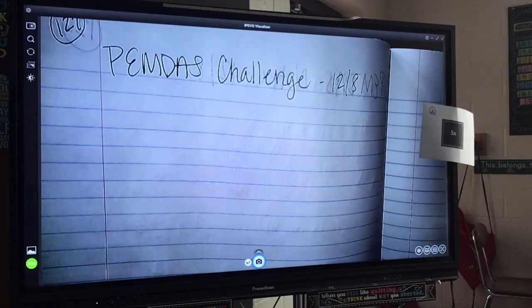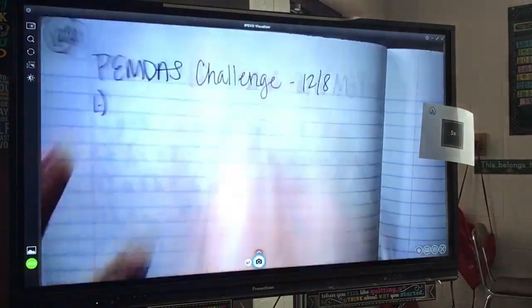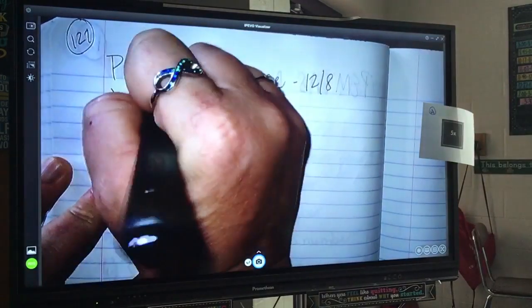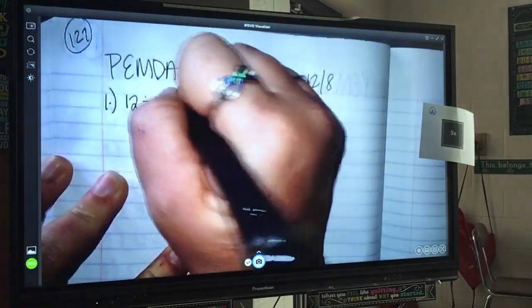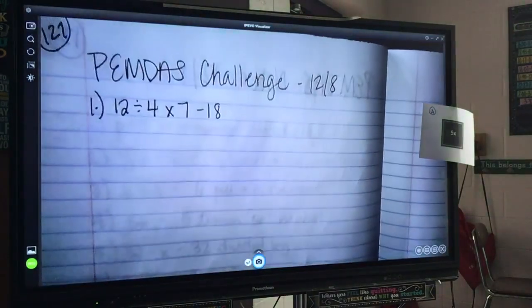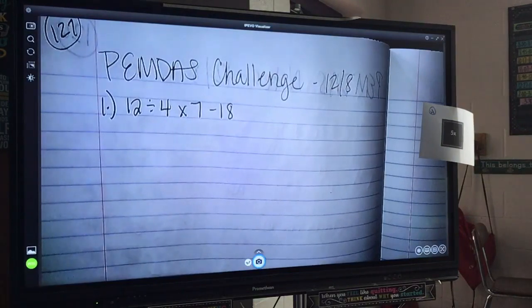So, for example, if your first problem, which is going to be everybody's first problem, 12 divided by 4 times 7 minus 18. You cannot go straight from there to your answer. You have to show me the elimination of parentheses, exponents, multiplication or division, and addition, subtraction.